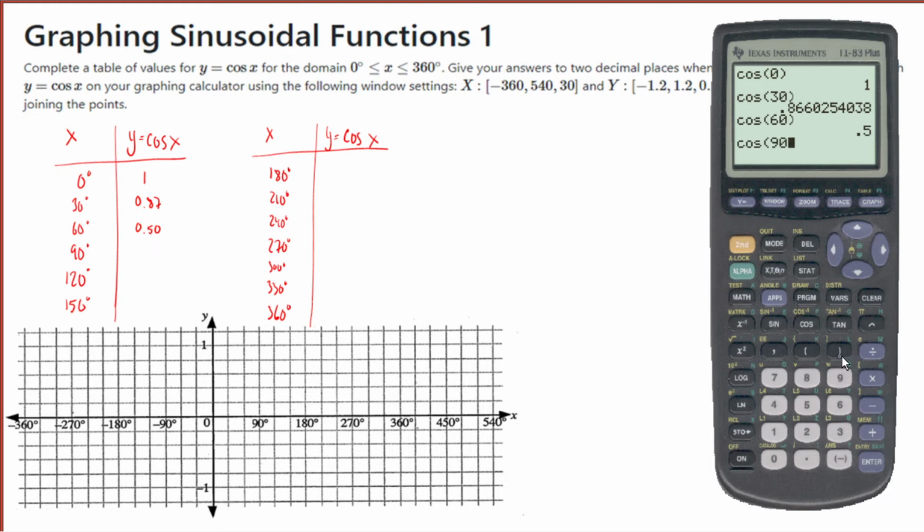Cosine 90 degrees is 0. Cosine 120 degrees is negative 0.50. Cosine of 150 degrees is negative 0.87.